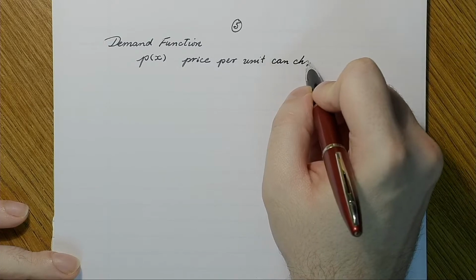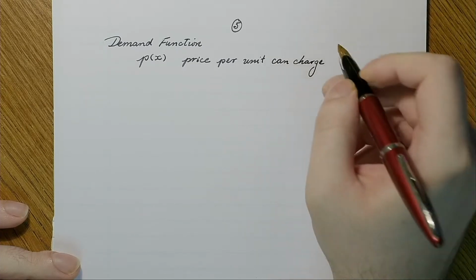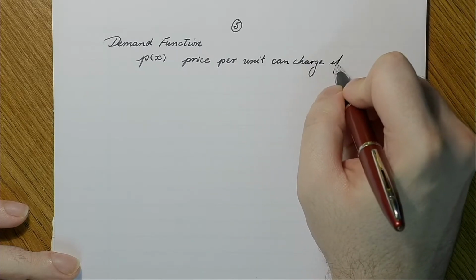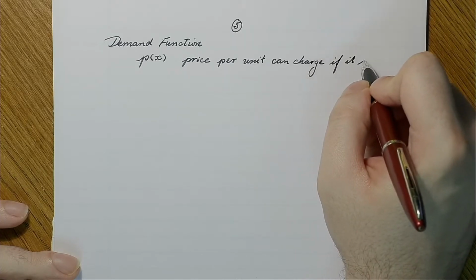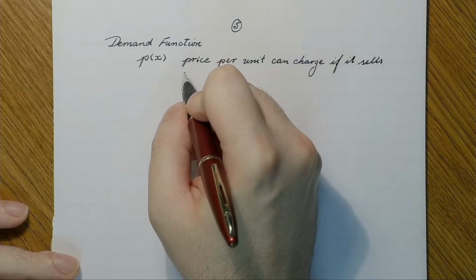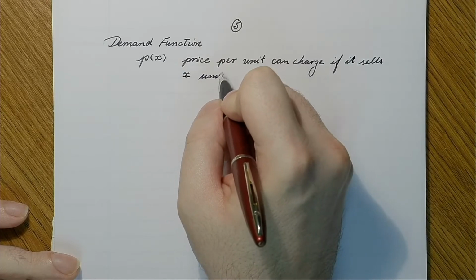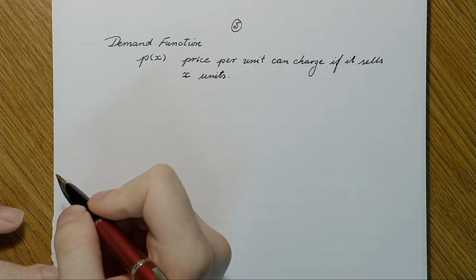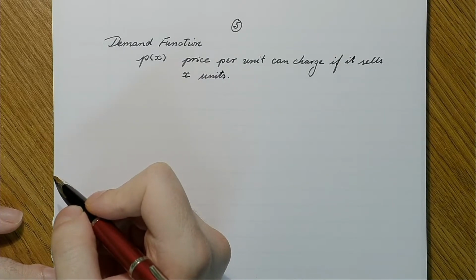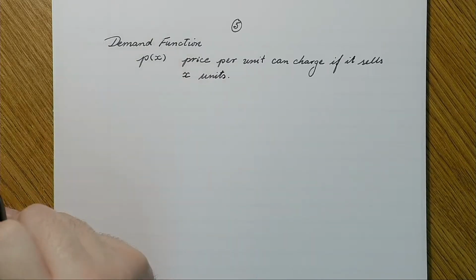So the price per unit the company can charge if it sells X units. So that's the demand function.